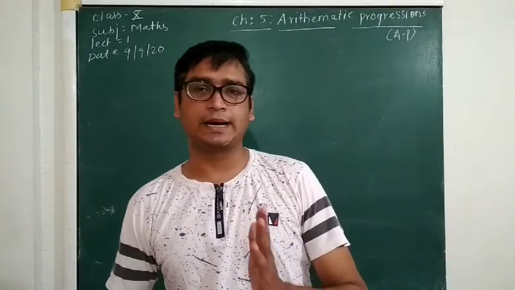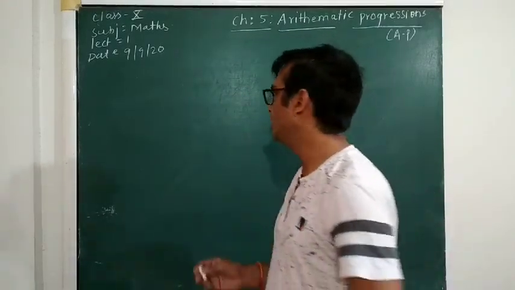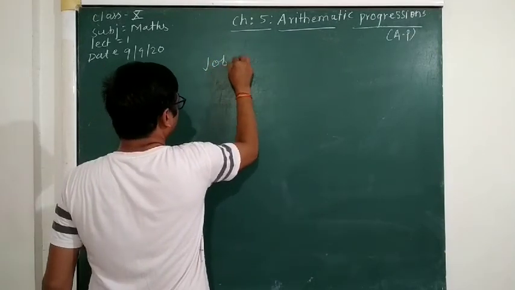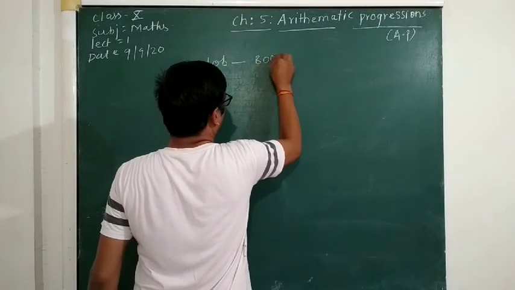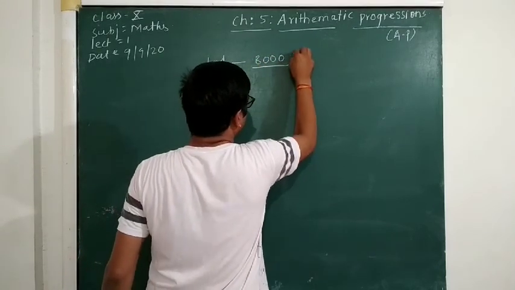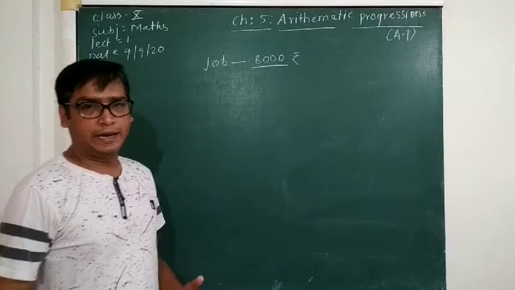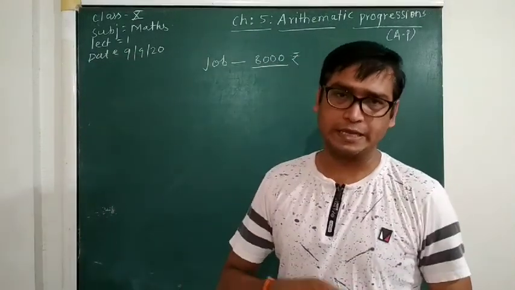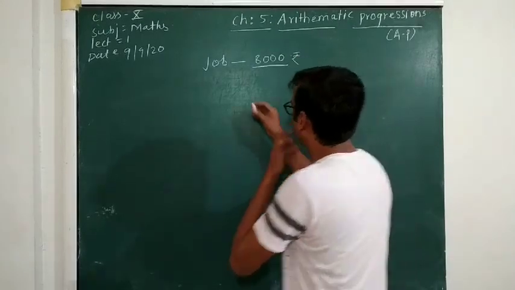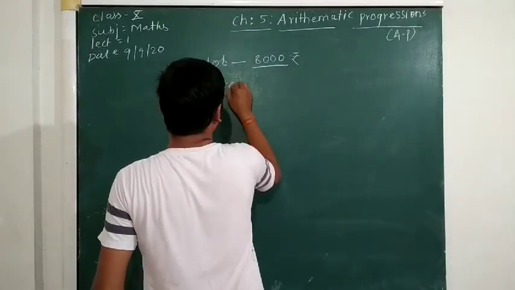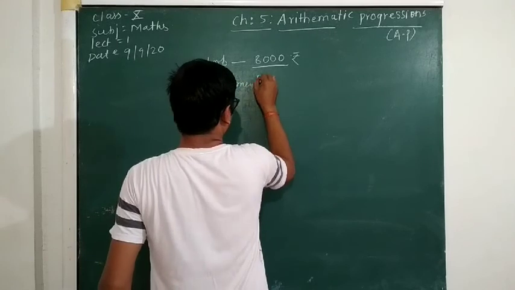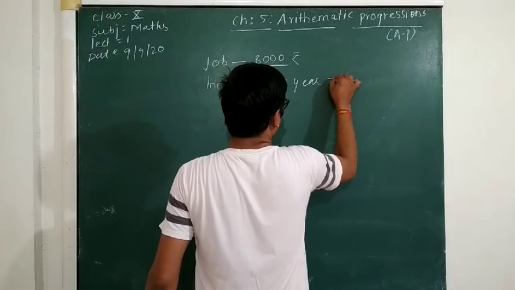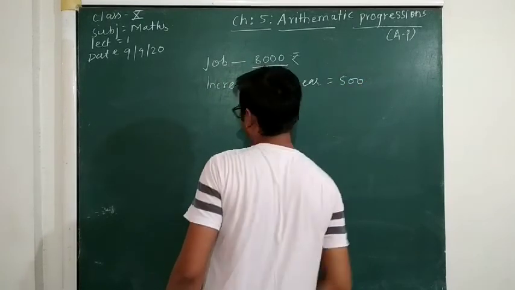Suppose a person started a job and his salary was fixed at a starting of 8,000 rupees, and he was told that his salary would increase yearly, that is, the increment per year will be 500.